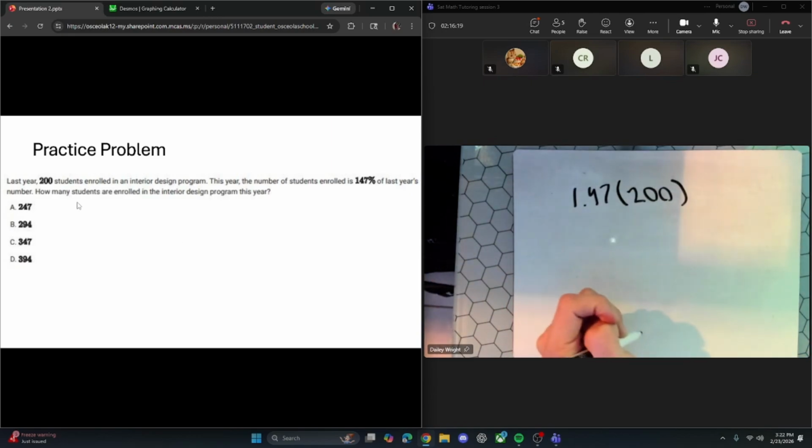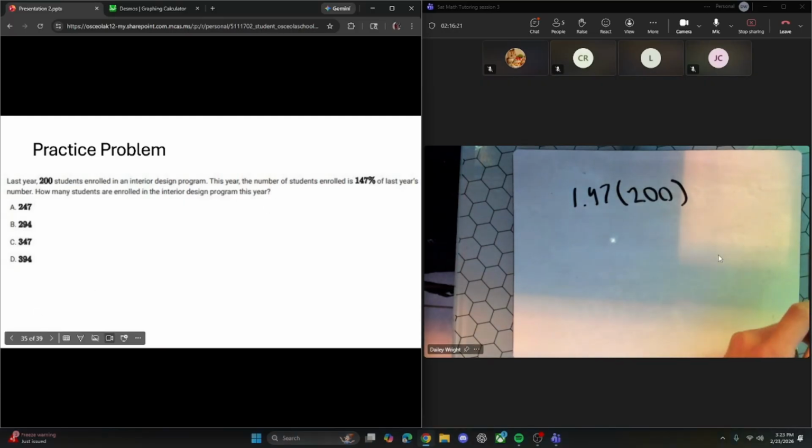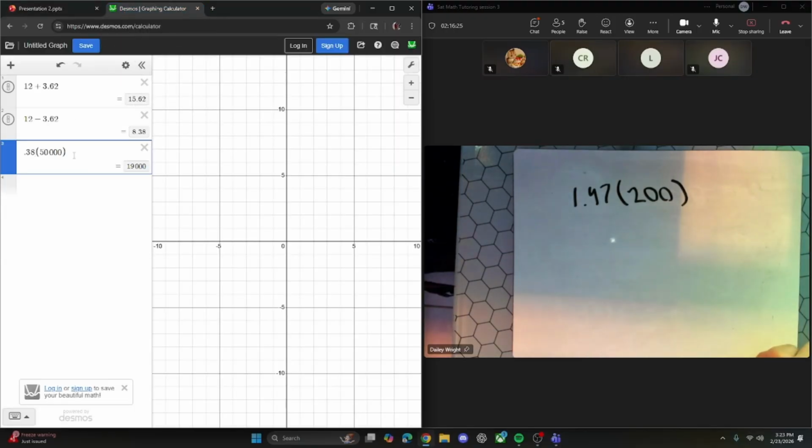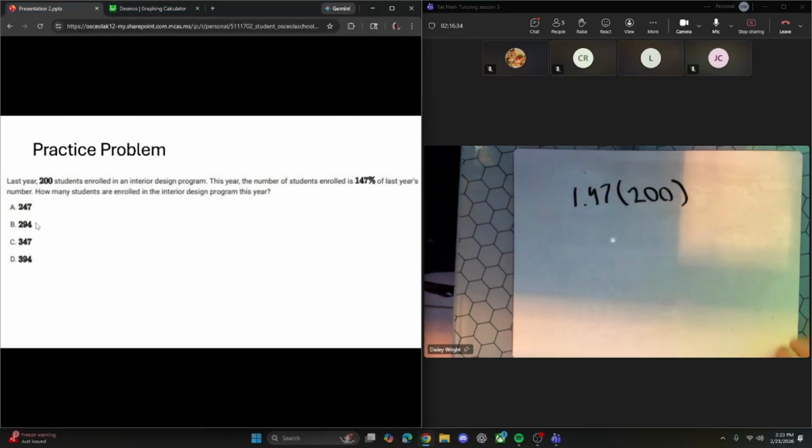So it wants to know how many students are enrolled this year. Well, we already have our equation. The students that are enrolled this year is 1.47 times 200. 1.47 times 200 is 294. So 294 students enrolled at the interior design program this year.